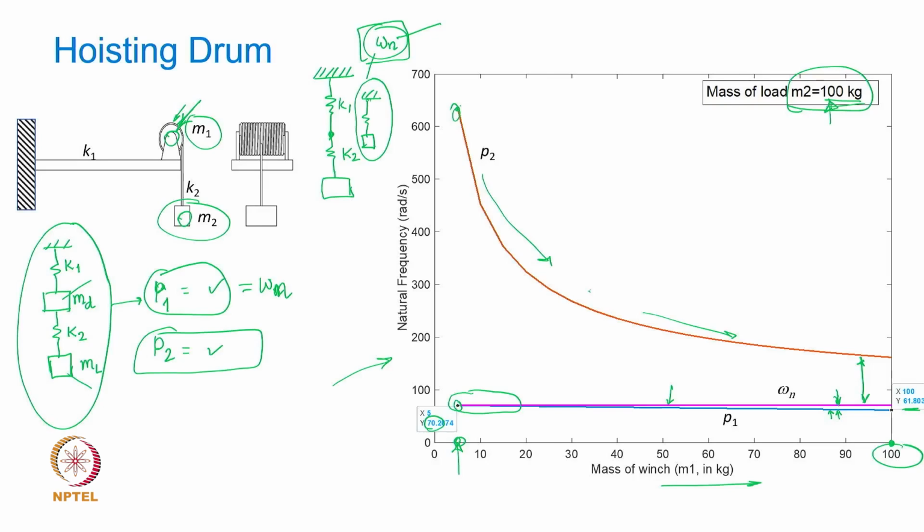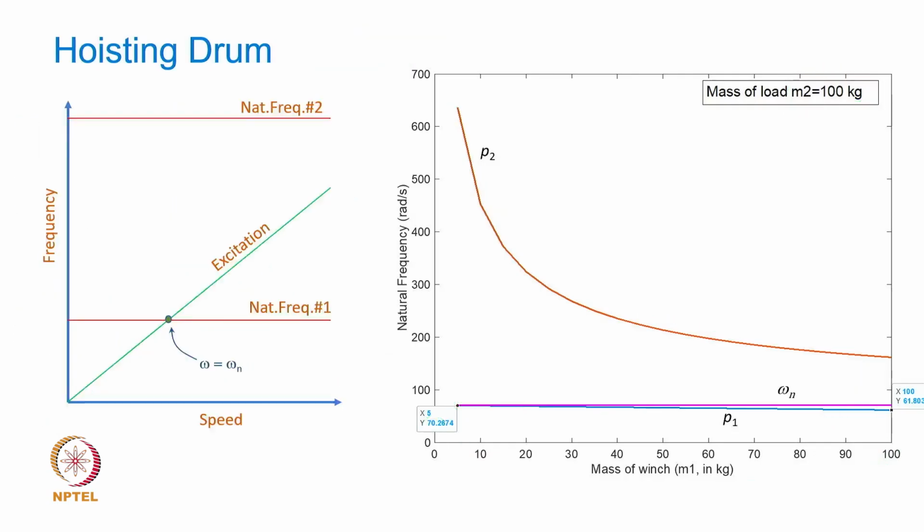Okay, now what is the inference? What do you make out of it? You remember the Campbell diagram? You have a natural frequency and you have an excitation line, then there is an intersection here, that's the resonance. Now you have a case here, let's say when the mass of the drum is very small, your first natural frequency is somewhere here, the second natural frequency is far off.